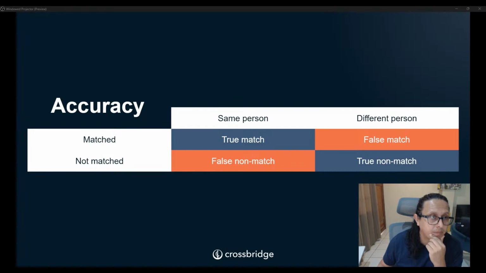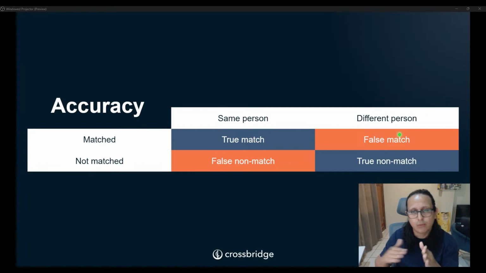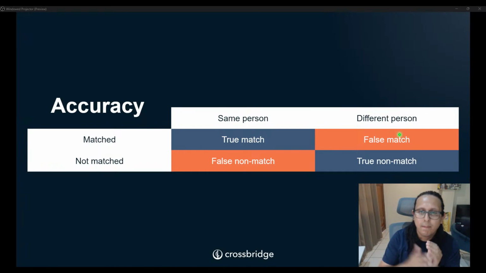Now, there are some concepts that we understand using biometrics. If you matched and you are the same person, that's a true match. But if you matched and you're a different person, we call that a false match. And the ABIS crosses a line between a false match and a true match, and we call that a threshold.